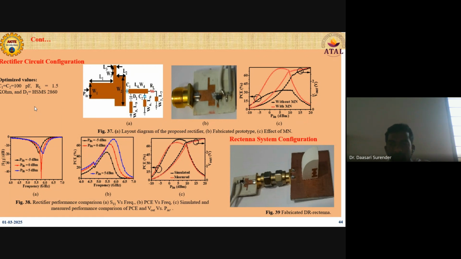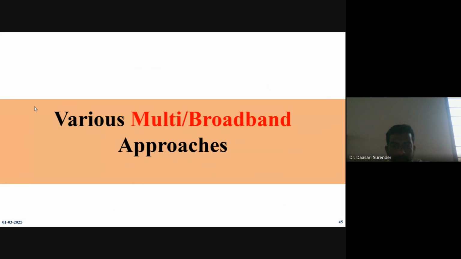See, without the matching network, the performance is very poor. When the matching network is incorporated, the performance increases drastically. That can be observed clearly in figure 37C. And a good match in performance characteristics was observed in figure 38C.